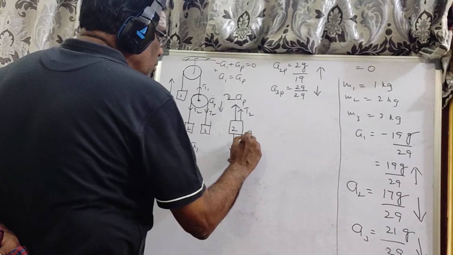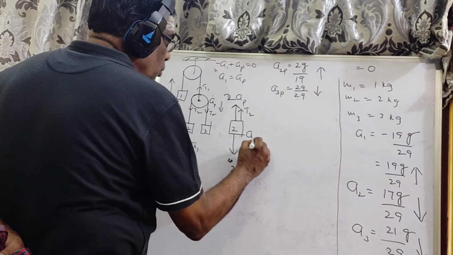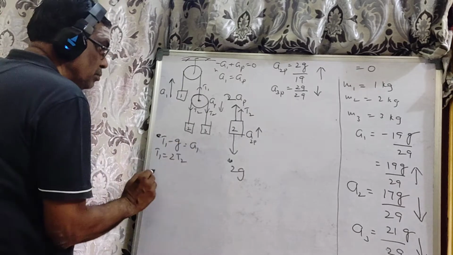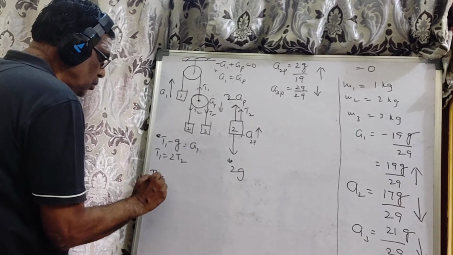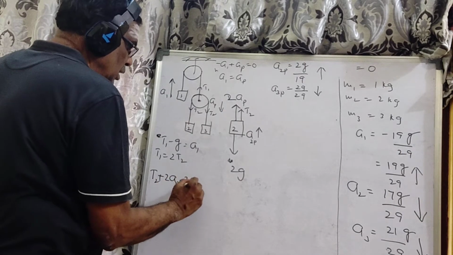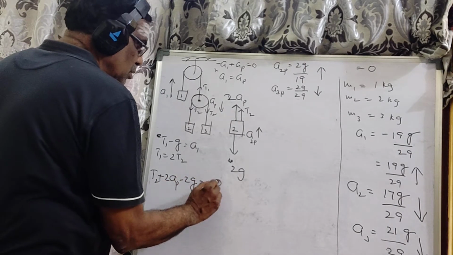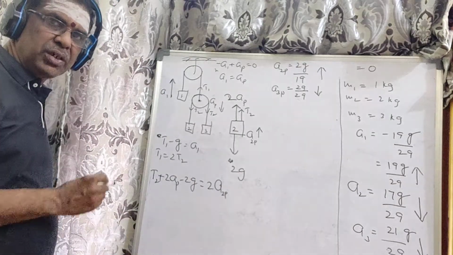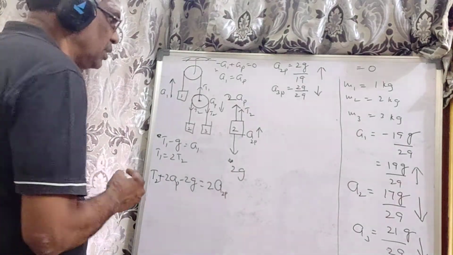So, what do I do? A_2P upward. So, how do I write the equation? T2 plus 2AP minus 2G is equal to 2 A_2P. Hope you are able to understand the way I am writing the equation here.